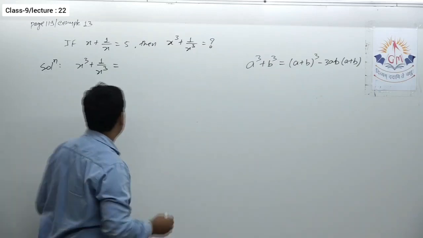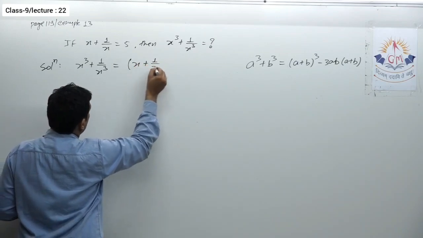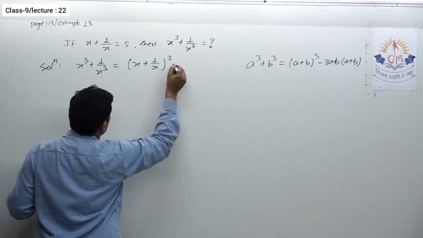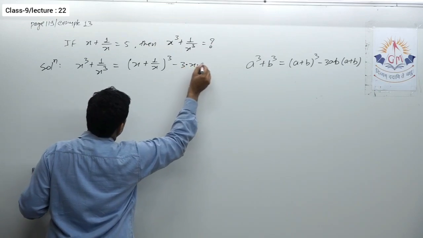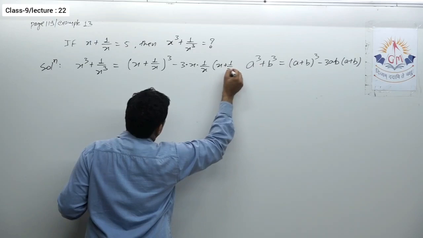So using this identity I can write x cube plus 1 upon x cube is equal to x plus 1 upon x whole cube minus 3 into x into 1 upon x into x plus 1 upon x.